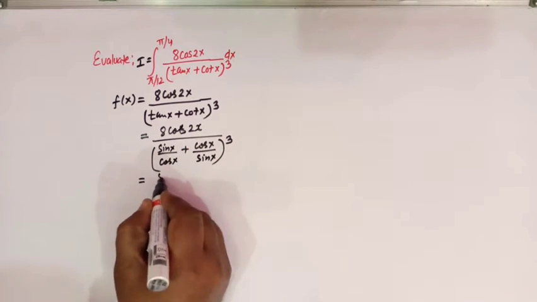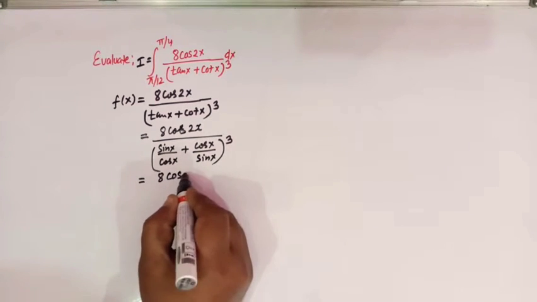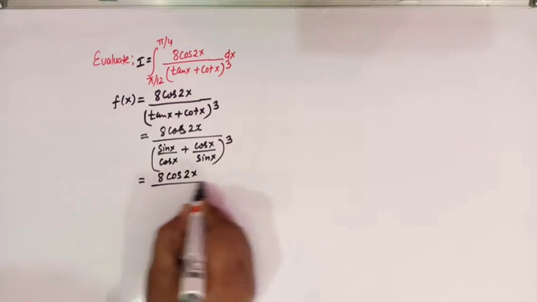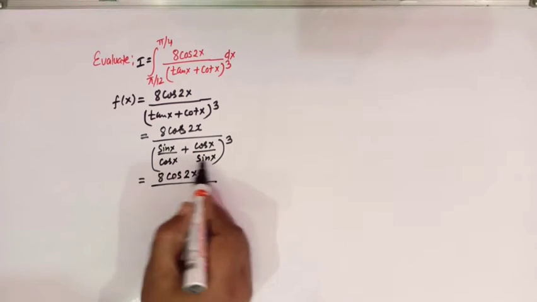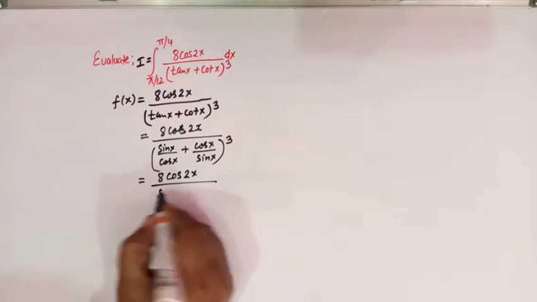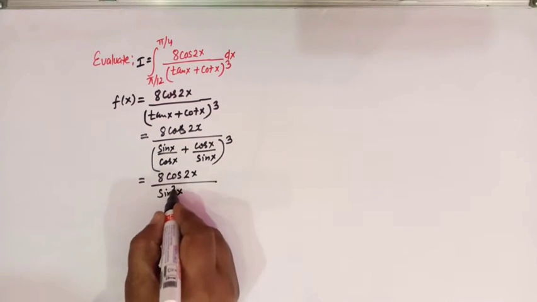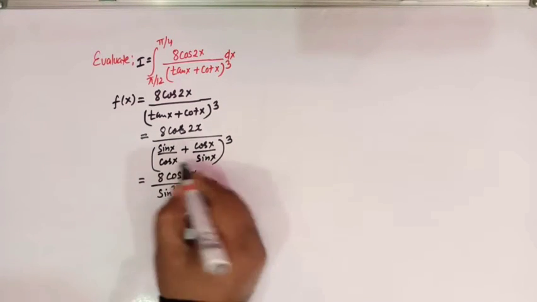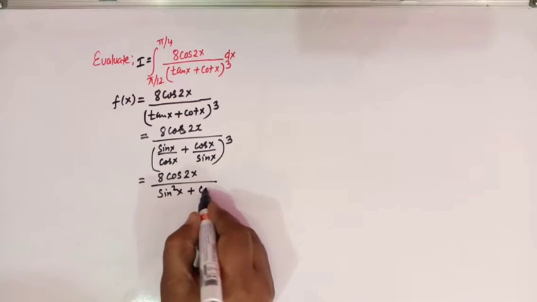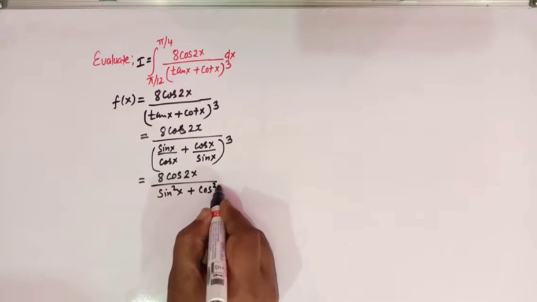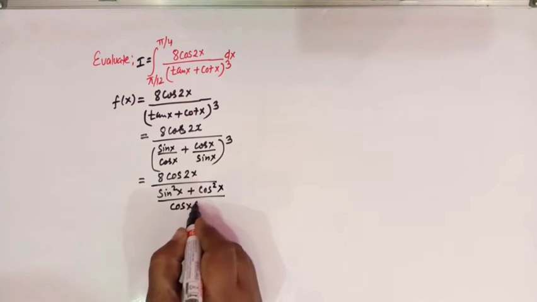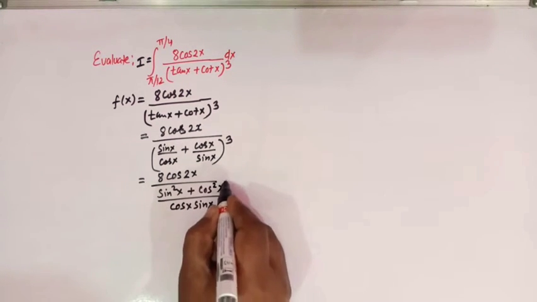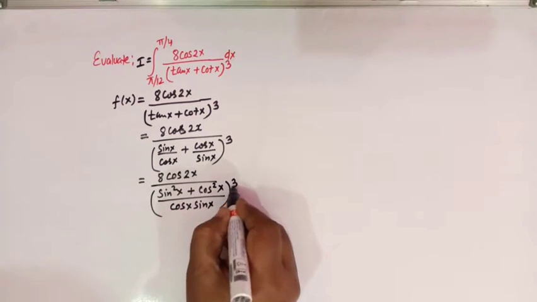If we take the LCM, we'll have sin x multiplied by sin x, that is sin square x, plus cos x multiplied by cos x, that is cos square x, divided by cos x sin x, and this is the cube.